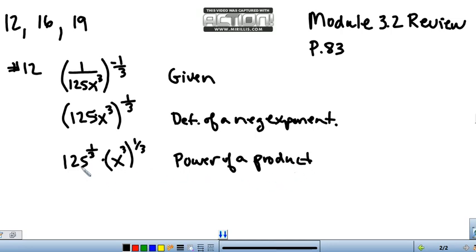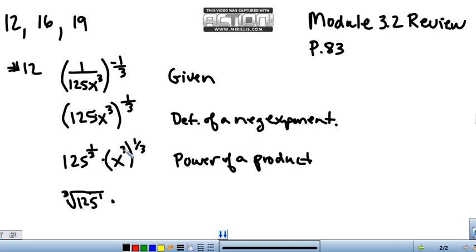Now, to make this a little bit easier, I'm going to turn that back into a radical. So that will be the cube root of 125 to the first power, times, and then this here is power of a power.